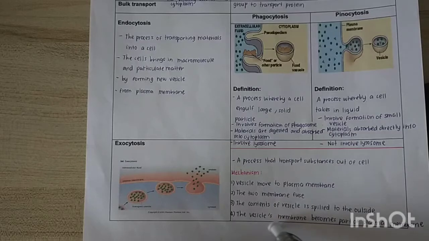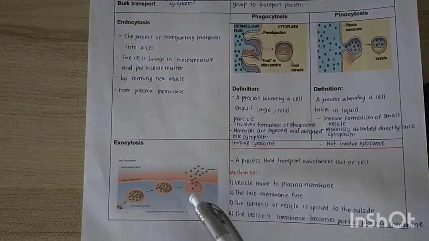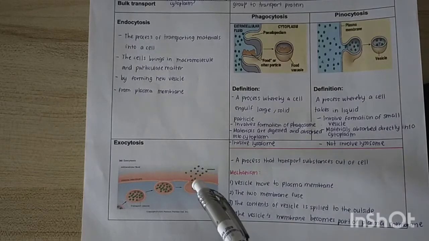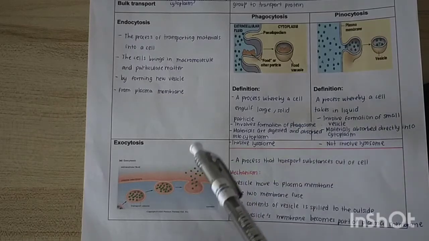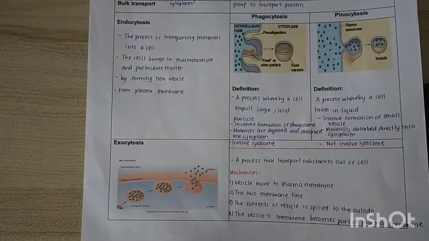So the vesicle membrane becomes part of the plasma membrane. Sebab apa? Dia dah berlaku fusion in between the vesicle membrane and also the plasma membrane. So once the content inside of the vesicle is already secreted or spilled out to the outside, the membrane tu dia akan fuse together. Okay, so this is for exocytosis.